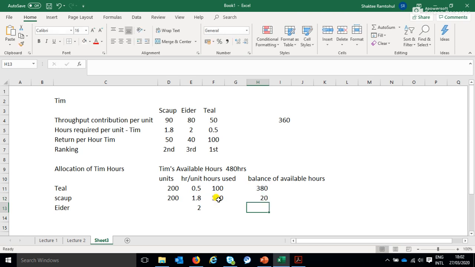Now there seems to be an issue because we can manufacture 200 units of teal and 200 units of scalp, but we're only left with 20 hours.